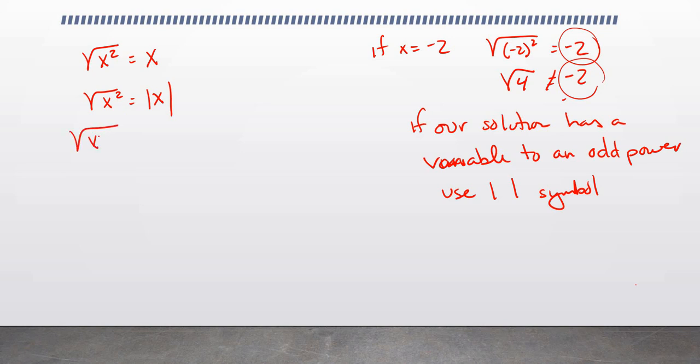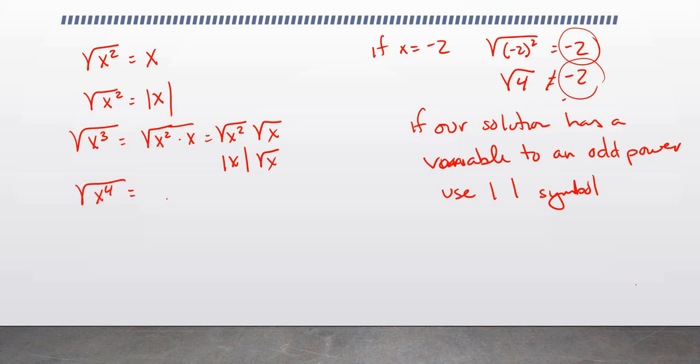All right, so let's look at a few more of these. The square root of x cubed is, again, looking for those perfect square factors, the square root of x squared times the square root of x. The square root of x squared, we've already said, is the absolute value of x.